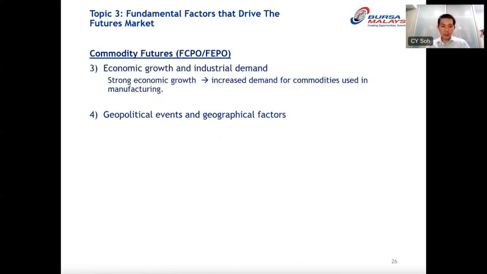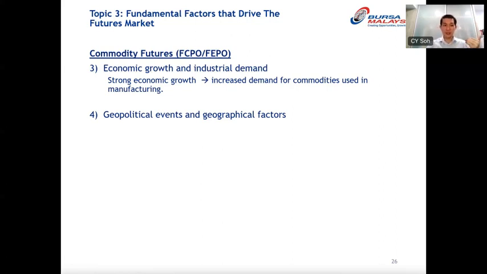Now, the third factor for commodity futures would be economic growth and industry demand. Of course, this does not weigh so much on your supply and demand. However, more or less it's one of the factors that can cause changes in supply and demand. So commodity futures can be influenced by overall economic growth and industry demand. A strong economic growth typically leads to an increase in demand for specific commodities.